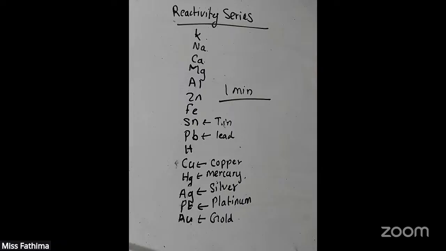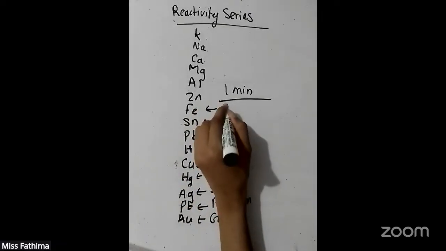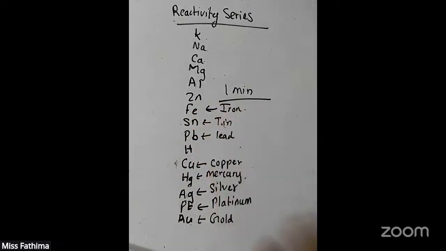There is no element called ferrite. That is iron, which you call ferrous. But you don't use the word ferrous. That is iron. Right? So the symbol is Fe. But that is iron. No ferrite.